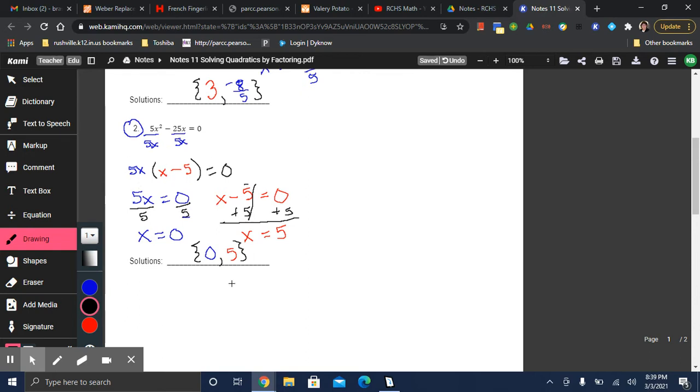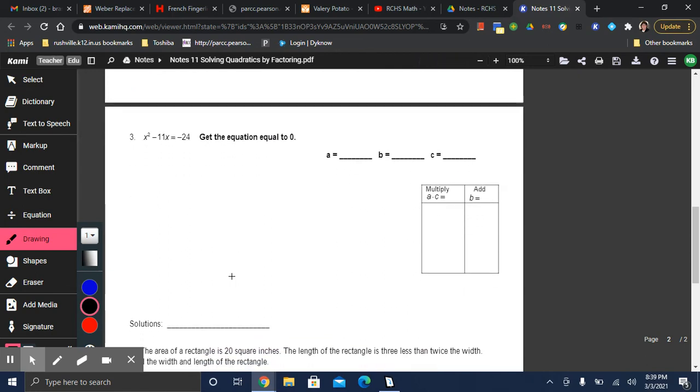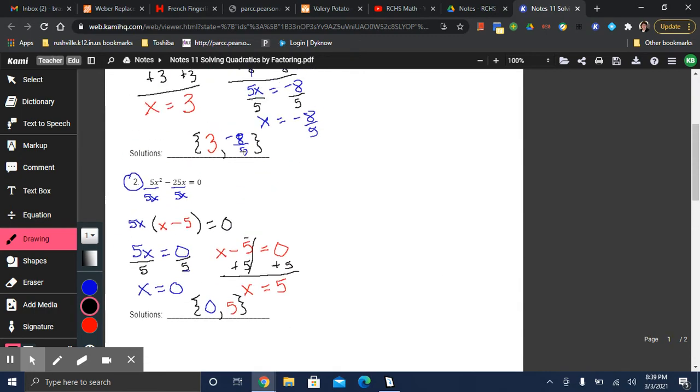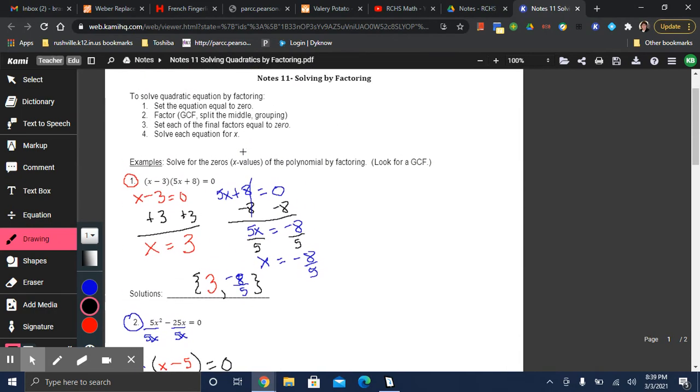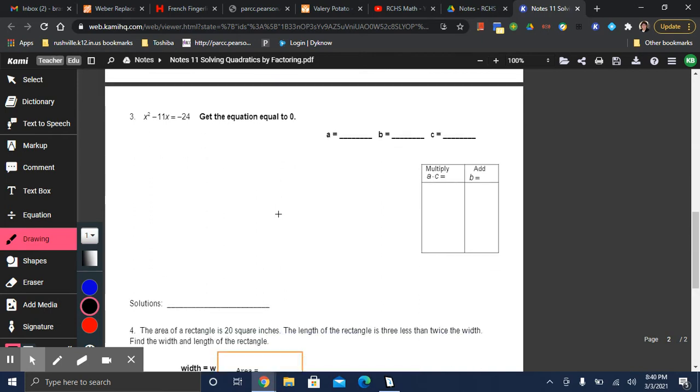Now, our next problem has 3 terms, but notice that I have this sentence that we need to get the equation equal to 0. We cannot do any of this work until we get this step number 1 completed of setting the equation equal to 0.